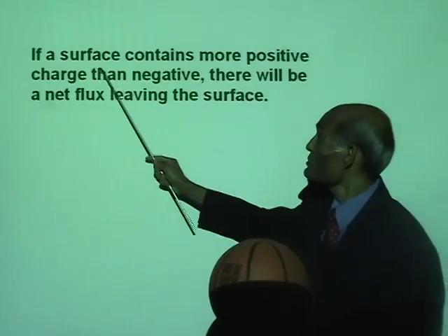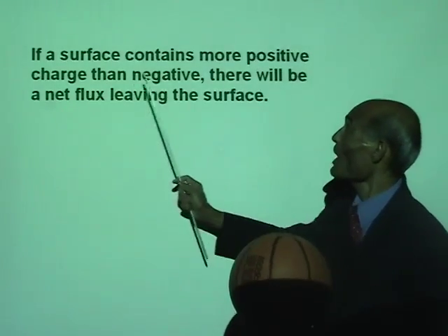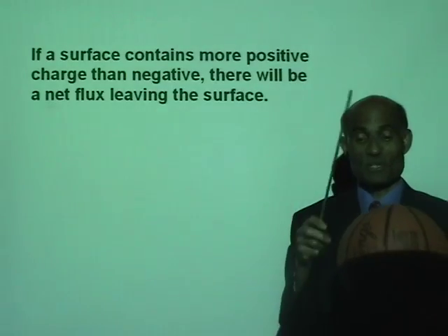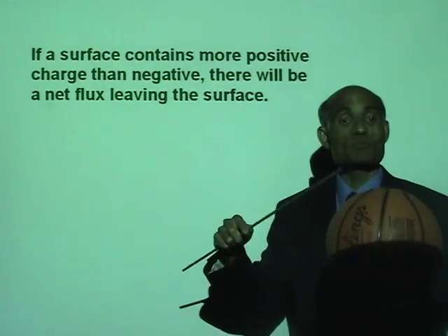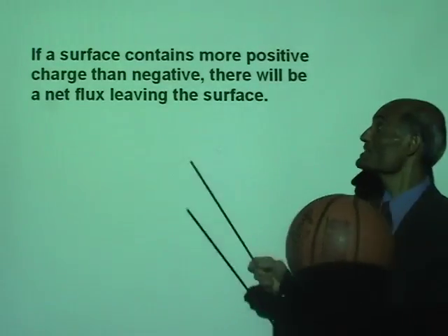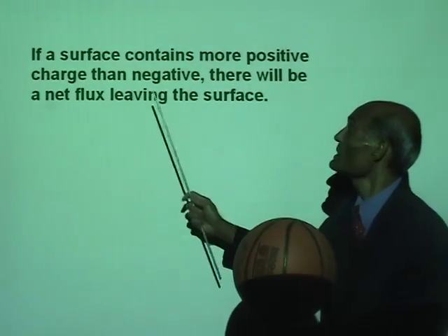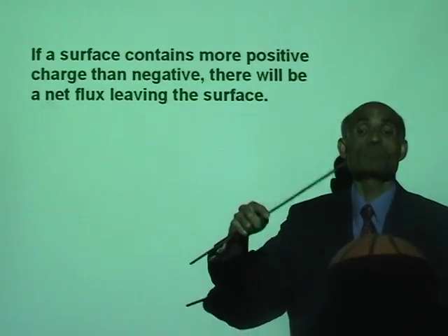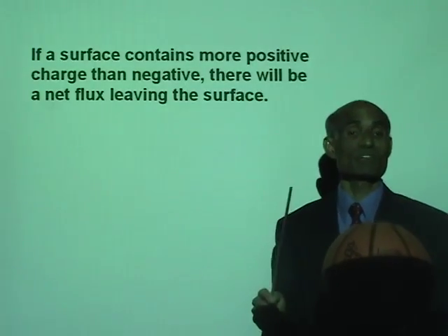Well, if a surface contains more positive charge than negative, so inside the surface there is more positive charge than negative, then there will be a net flux leaving that surface.